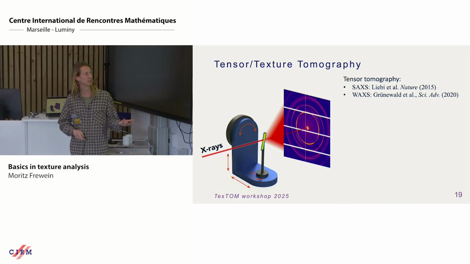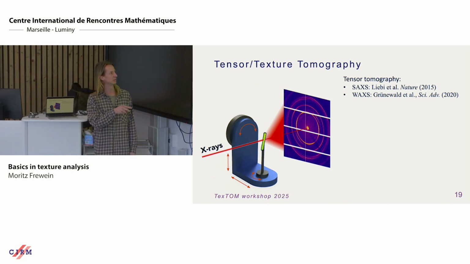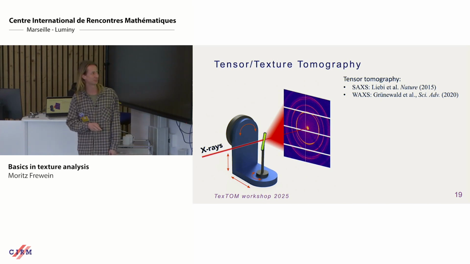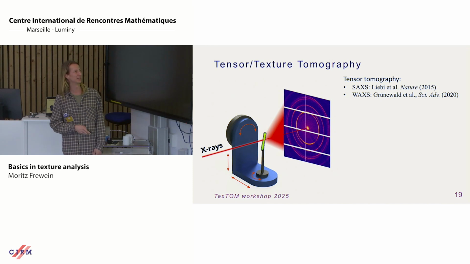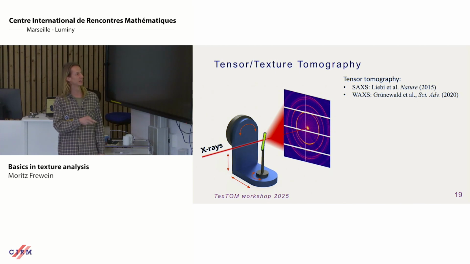This technique started off as tensor tomography, initially implemented for usage in SAXS. So this would be this part of the diffraction pattern where you can look at nanometer to micrometer scale structures.